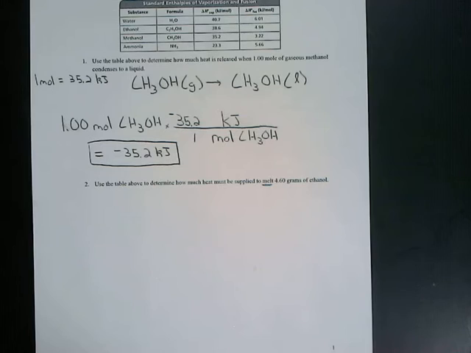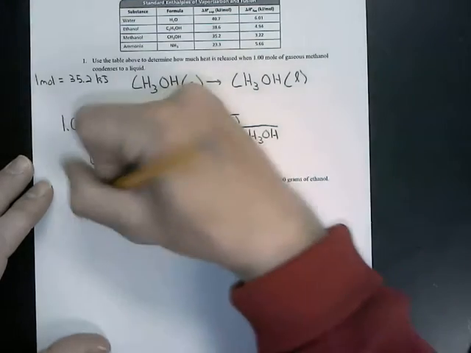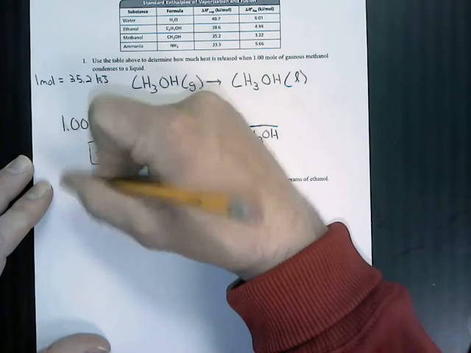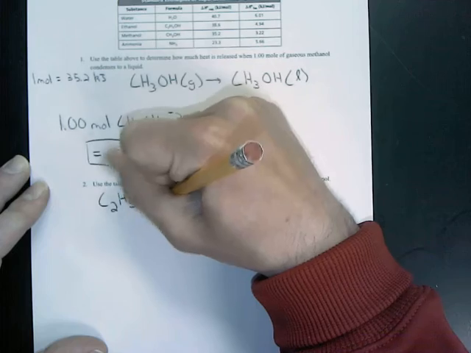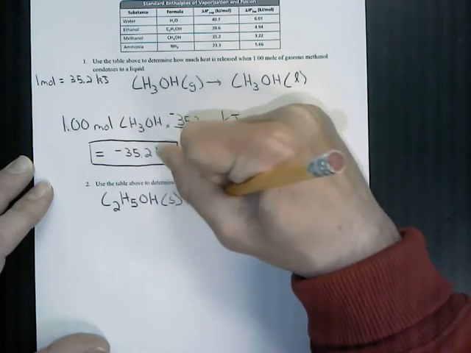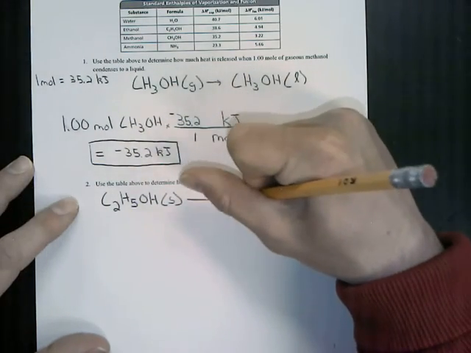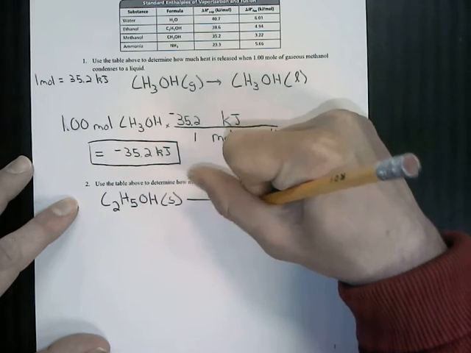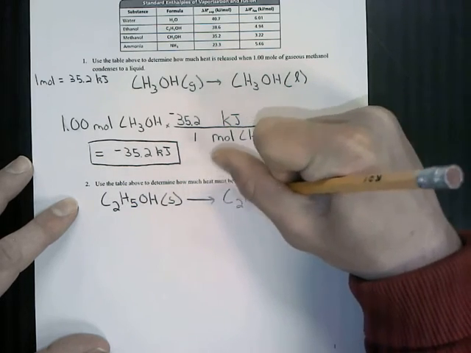Melting goes from a solid to a liquid. So in your chart there is C2H5OH, which is a solid, and it's going to melt to liquid ethanol.